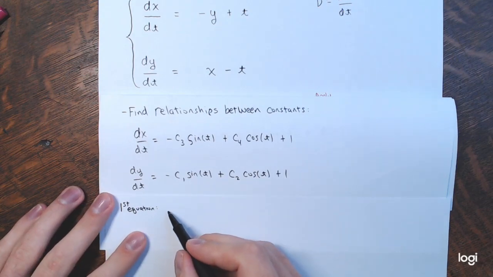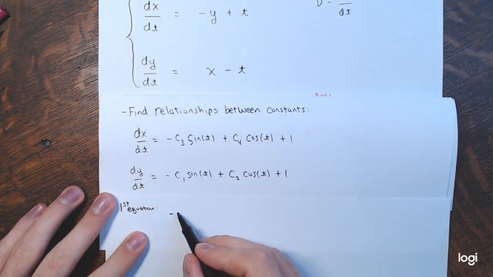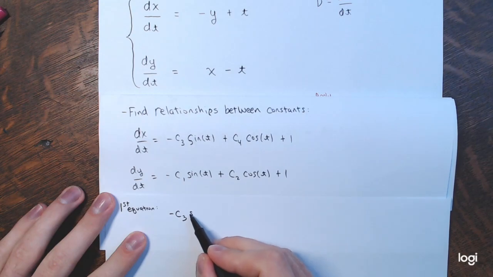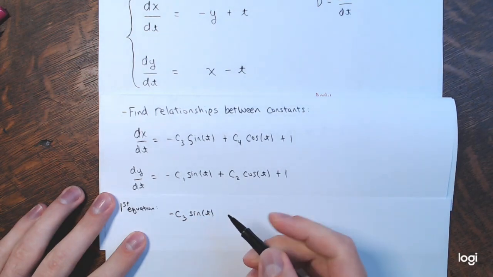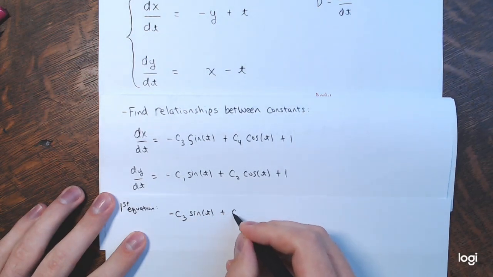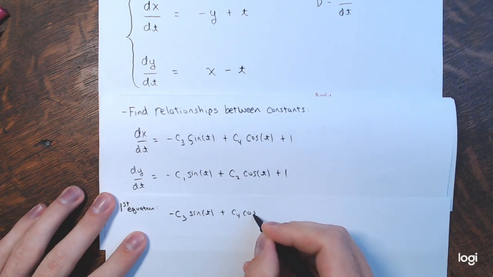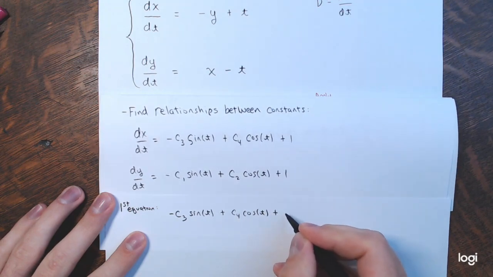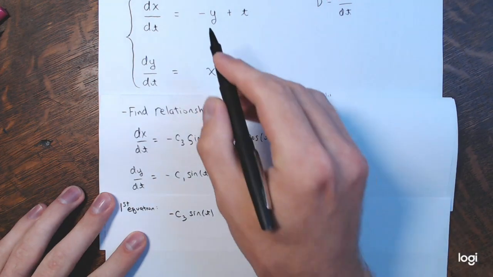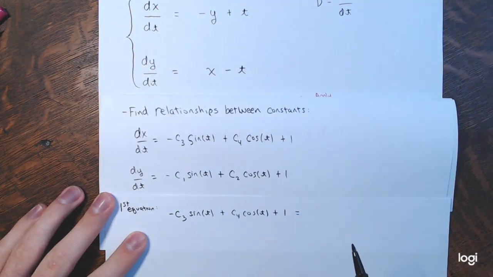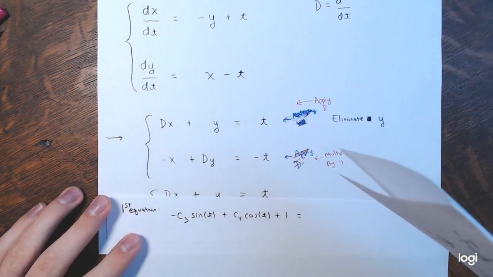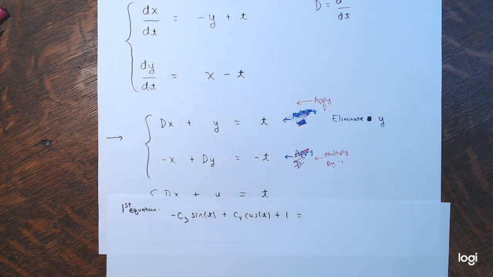So we have dx dt, so negative c3 sine of t plus c4 cosine of t plus 1 equals the opposite of y. Remember, y looks like this.